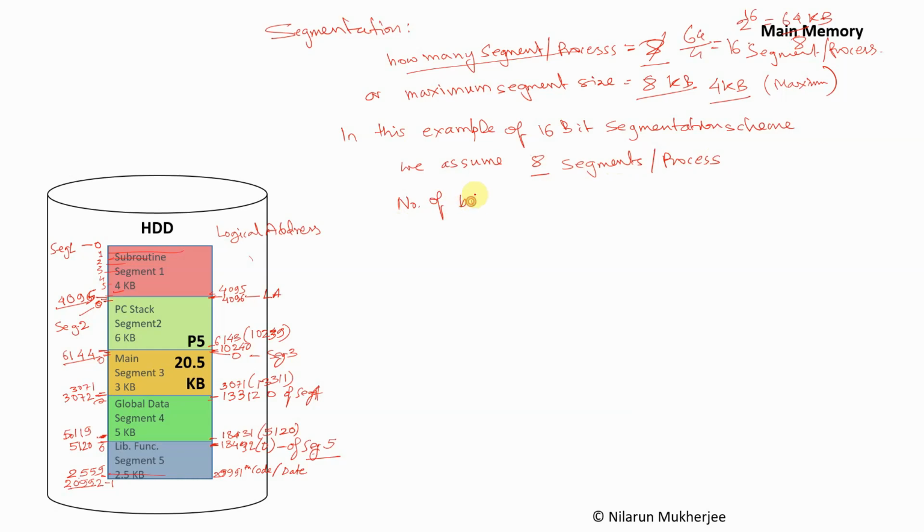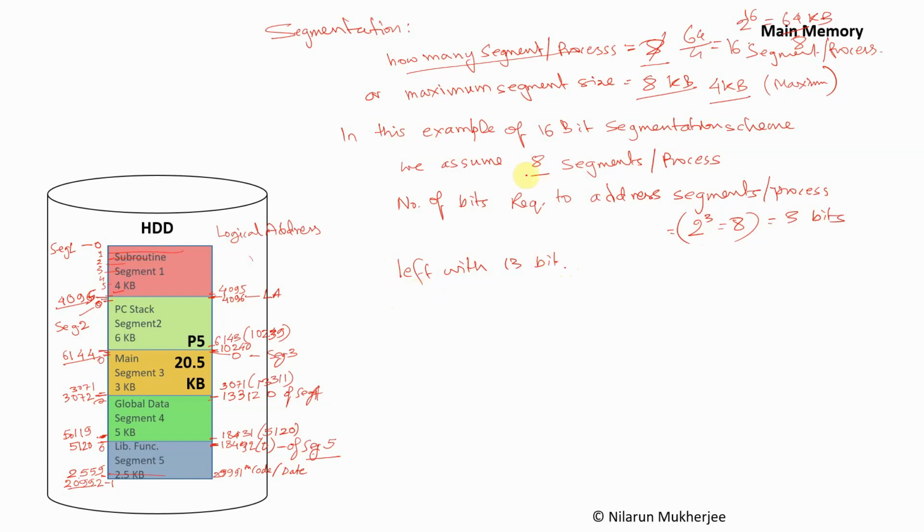Number of bits required to address segments of a process: 2 to the power of 3 equals 8, that is 3 bits. So we are left with 13 bits.